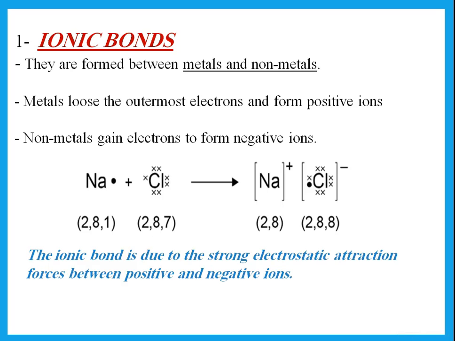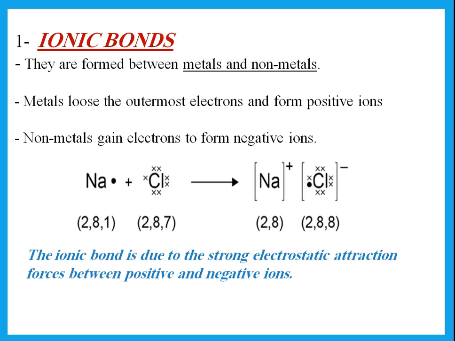Okay, so this ionic bond is the strong attraction forces between positive and negative ions. Remember that if we have attraction between positive and negative ions, this is called electrostatic attraction forces. Now, what is the ionic bond? What bonds the sodium and chlorine together is the fact that one of them is positive and the other is negative, and there is a strong electrostatic attraction forces between positive and negative ions.